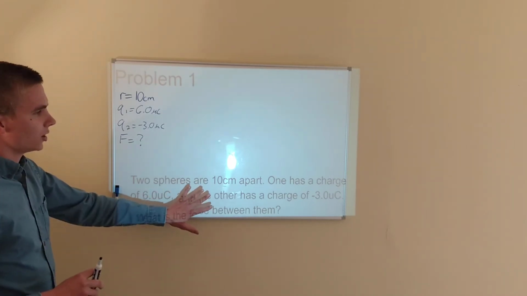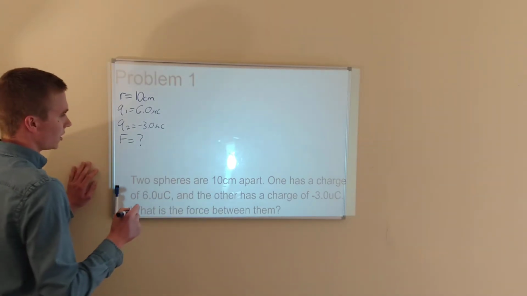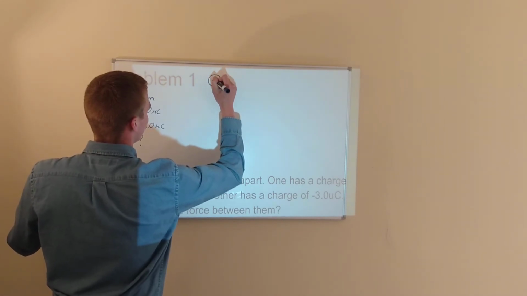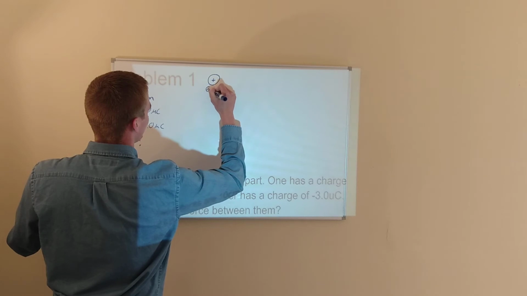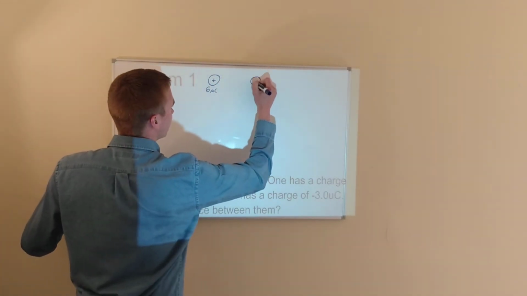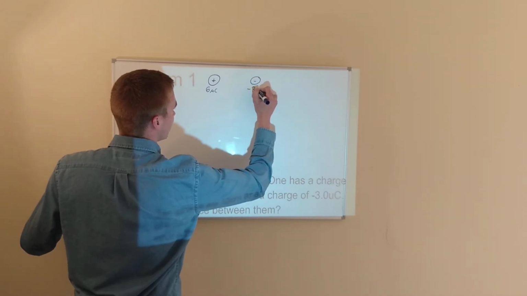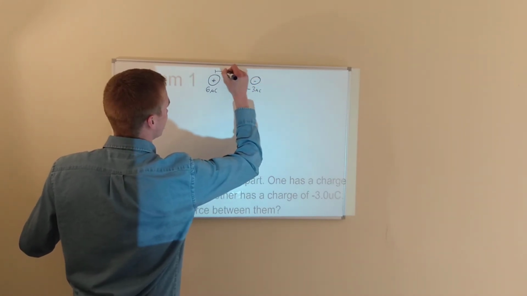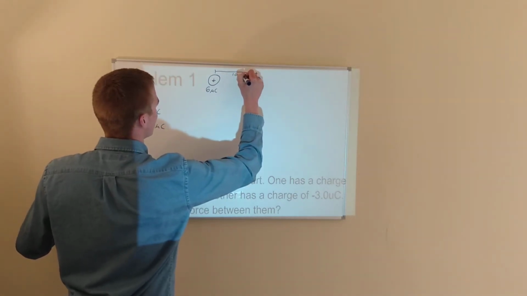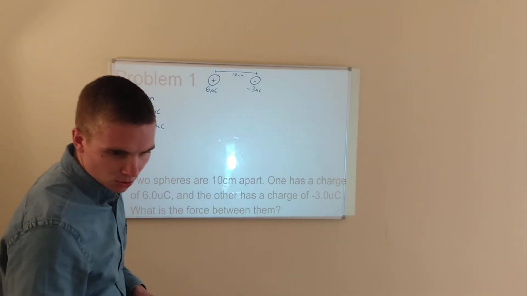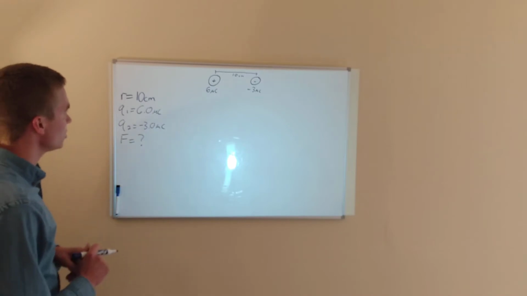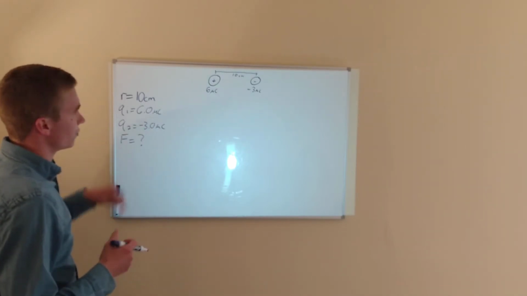I'm going to get rid of the question. Actually, I'll draw a little picture. So here we have 6 microcoulombs, and then over here, we've got -3 microcoulombs. In between them, we've got 10 centimeters. I'm going to get rid of this question here so that we have room to work. And the question's asking us, what is the force?